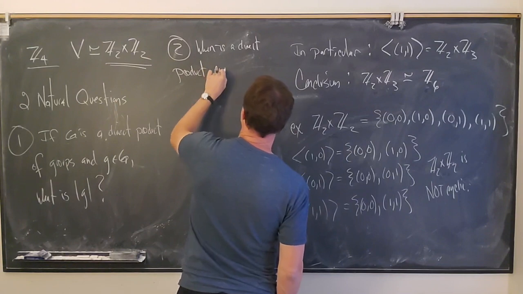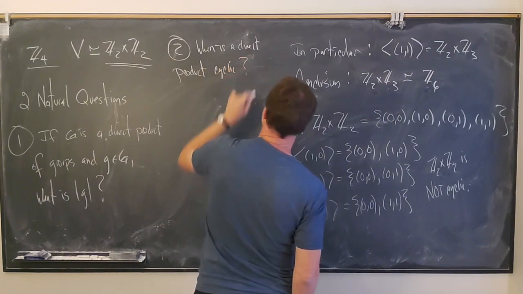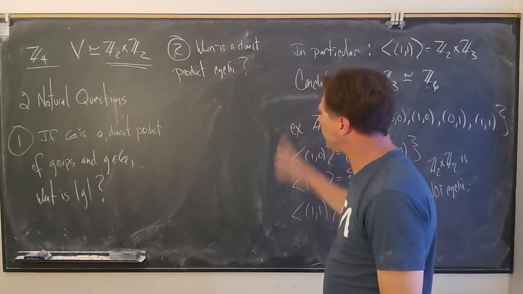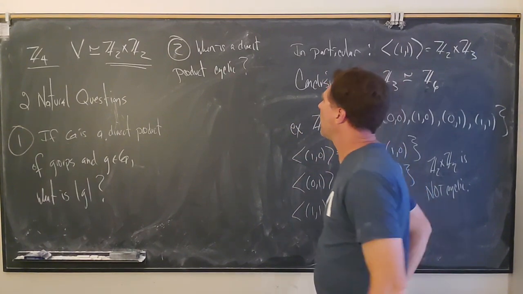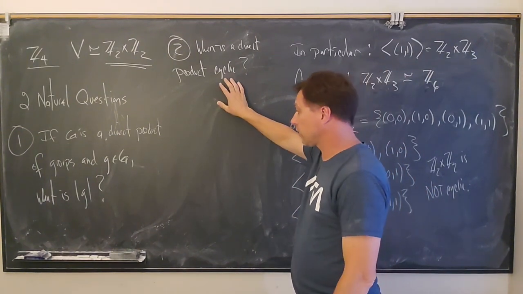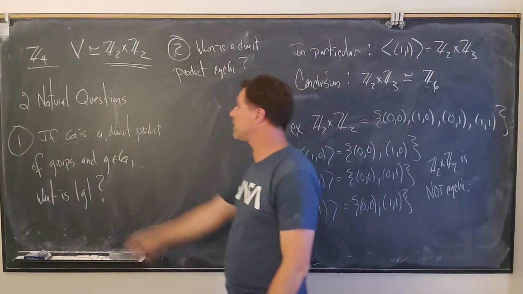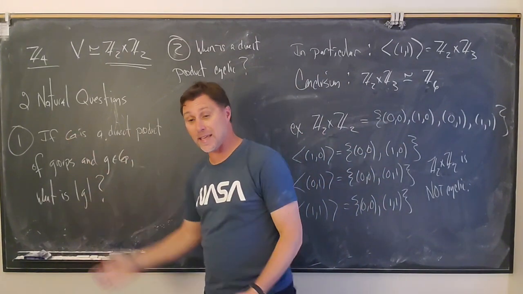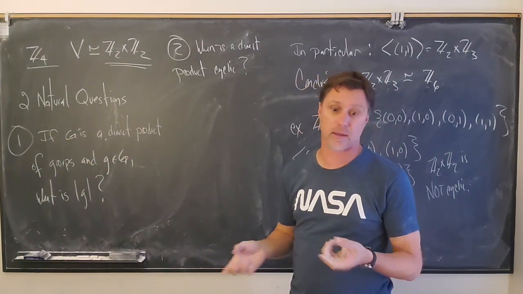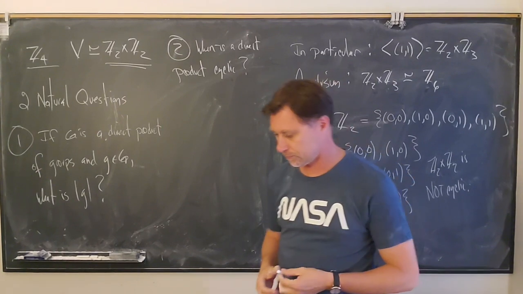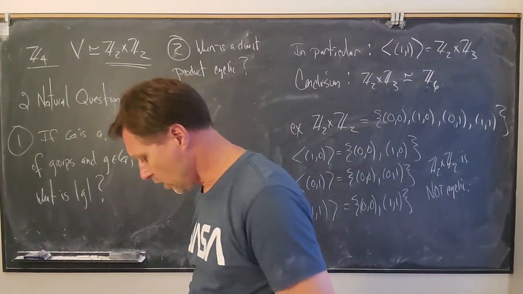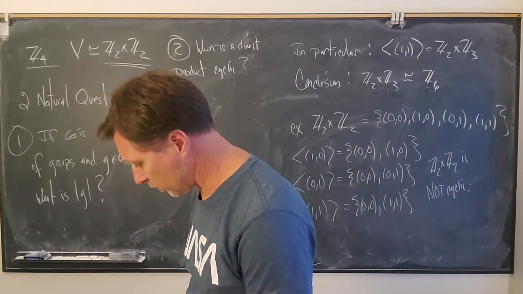These two questions are related. It's going to be cyclic if there's an element in G whose order is equal to the cardinality of that direct product. So those are a couple of the questions that we want to address.